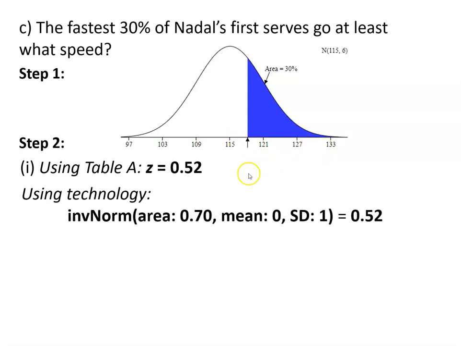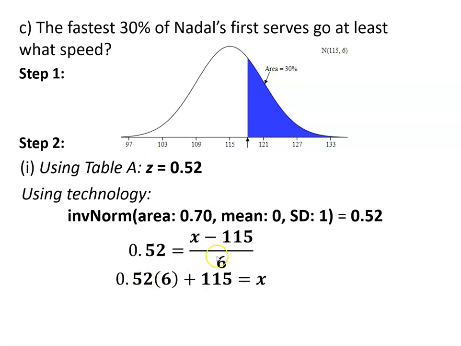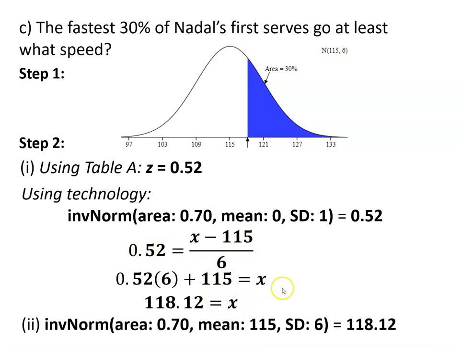So here's where I can use the table. Again, I wouldn't recommend this way, but you can. If you want to use technology, you would put in your area to the left, depending on the type of calculator you have. Find the z-score is 0.52. Do a little bit of algebra to work backwards to solve for your value. All right, so multiply both sides by 6, add 115.